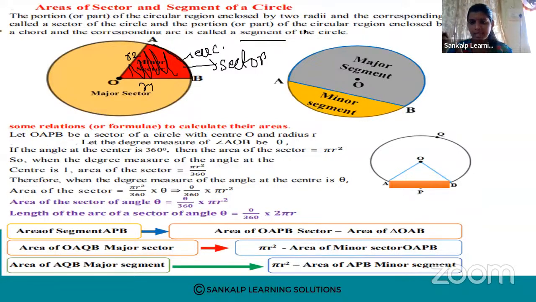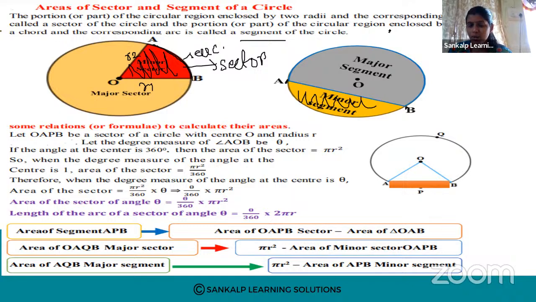In a sector we are going to consider two radii, but in the case of a segment we are considering one chord. So this is one chord, A and B is the chord and A to B is the arc, right?